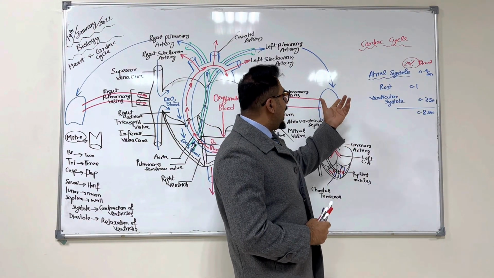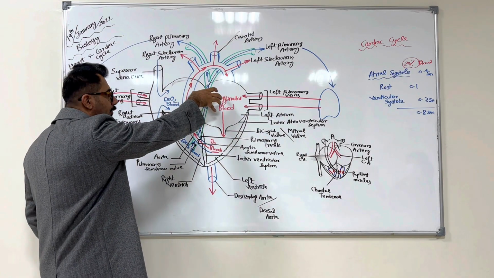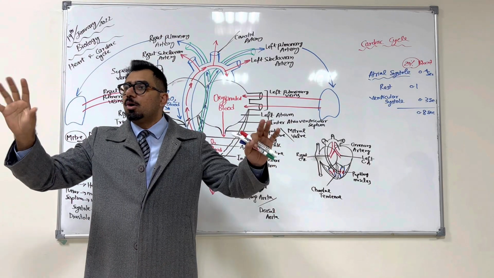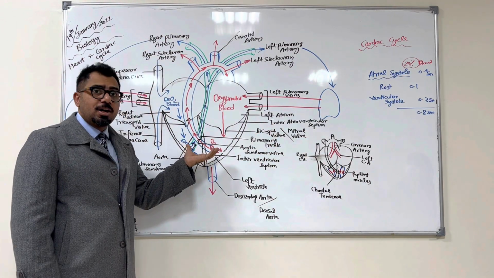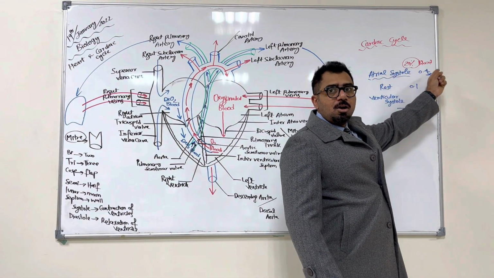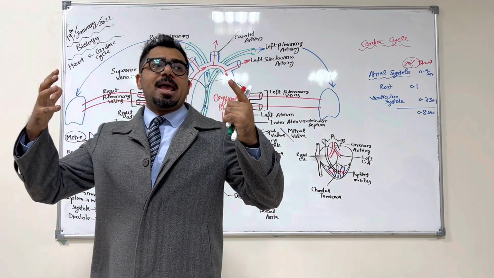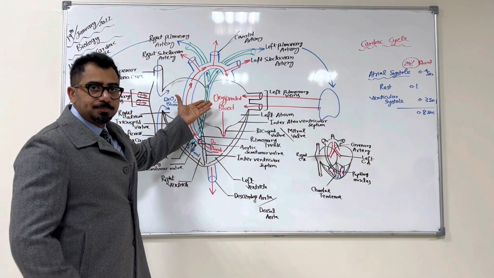Rest of the 20% will be pumped into the ventricles when the atria contract. So blood flows passively, meaning no energy is consumed. 80% of the blood moves into the ventricles passively. And 20% of the blood which is present in the atria will come actively, by the contraction of the atria.